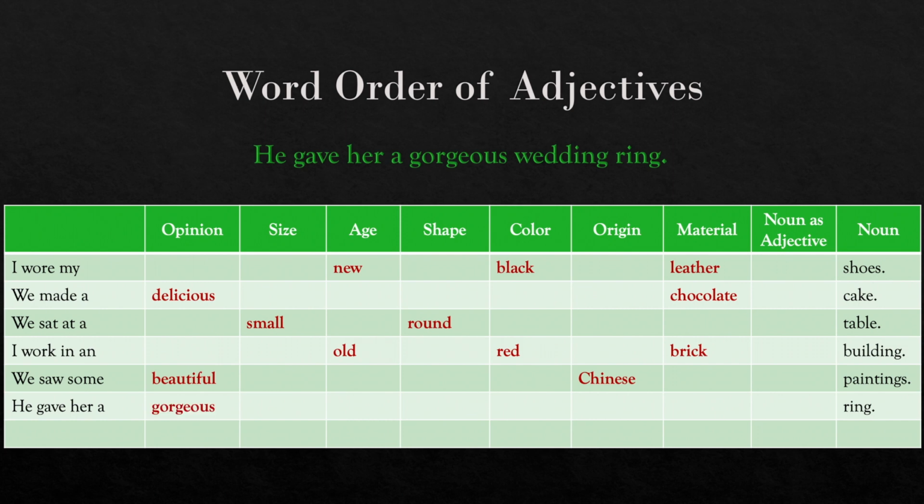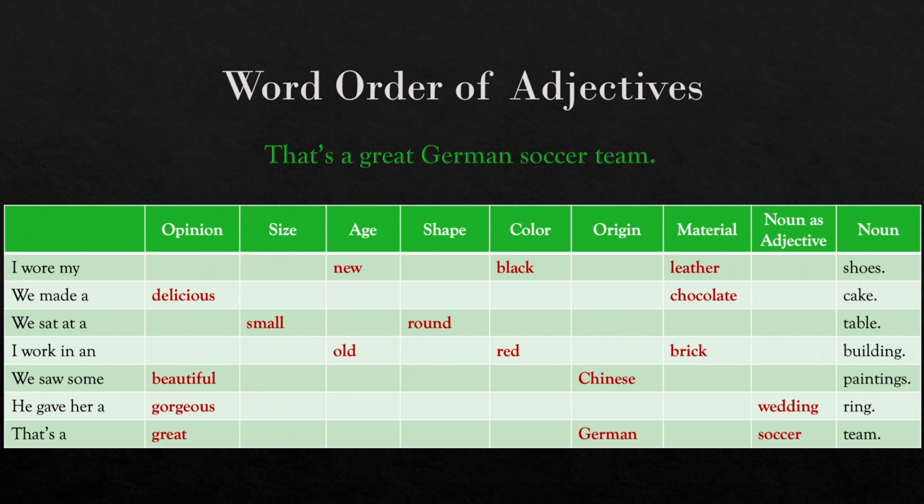Gorgeous is our opinion, and wedding is a noun that's being used as an adjective. Gorgeous wedding ring. Okay? And the last one is, that's a great German soccer team. Great is our opinion, German is the origin, and soccer is a noun being used as an adjective, so it comes last. Okay, now let's have a look at the rules and we'll be done with adjectives.